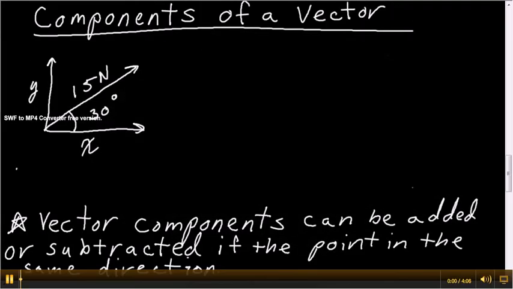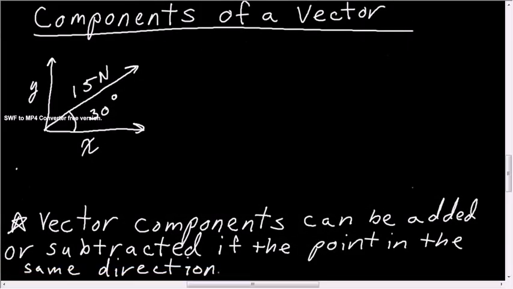So in addition to being able to combine vectors by adding them together, using our trig functions, we can break a vector into 2 components, its x component and its y component. If I look at what I've drawn here, I have a 15 Newton vector pointing 30 degrees above the x-axis.